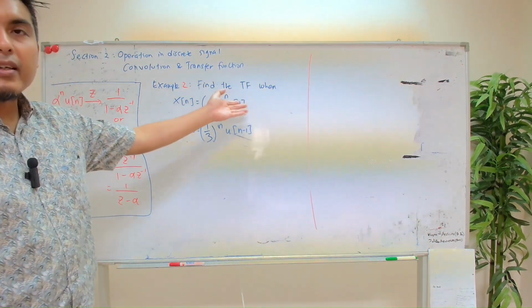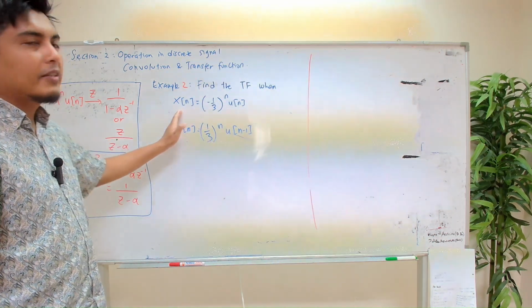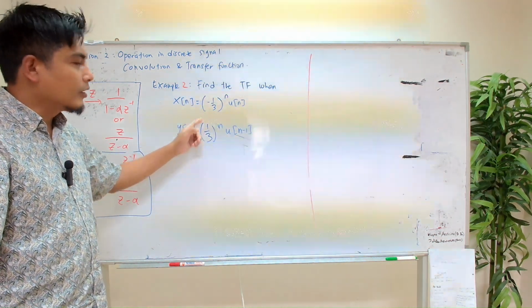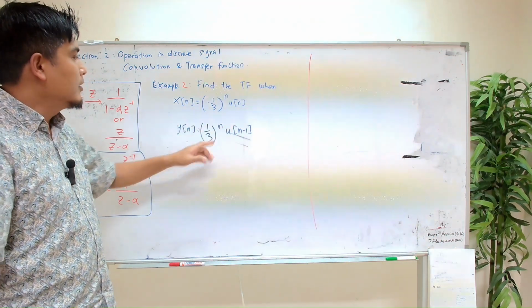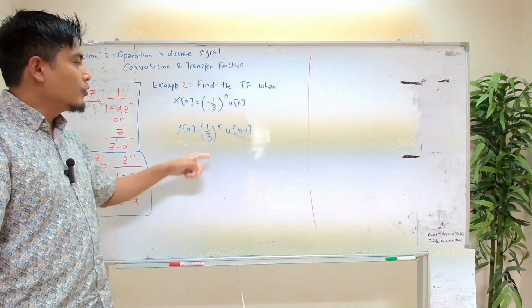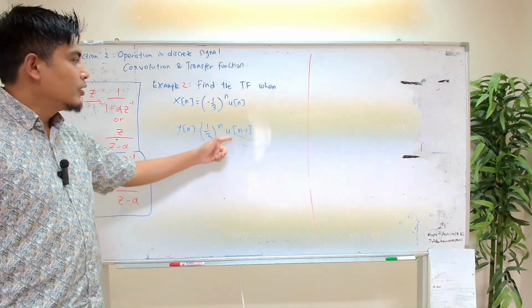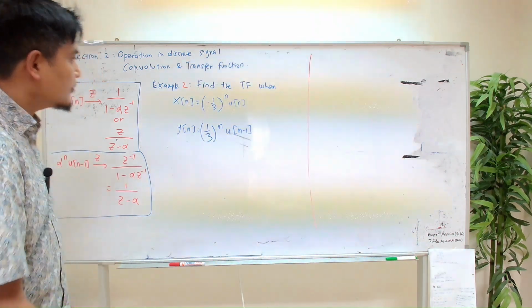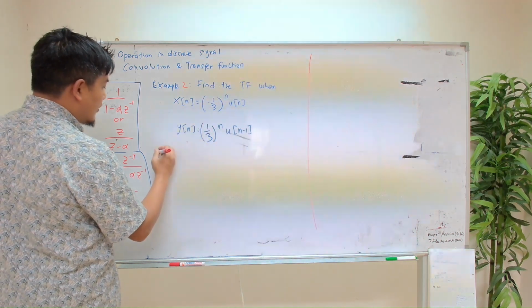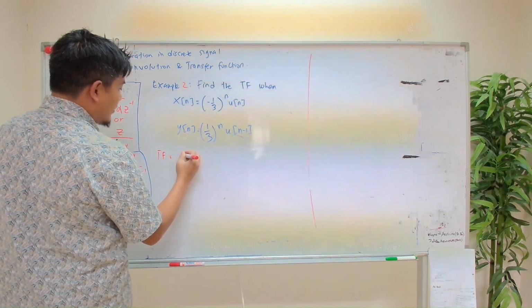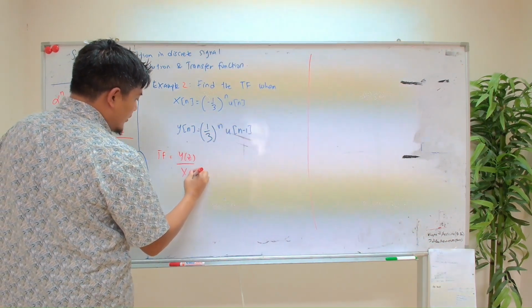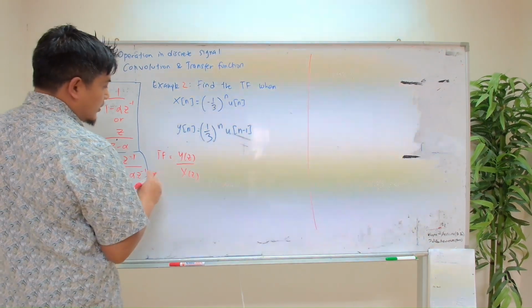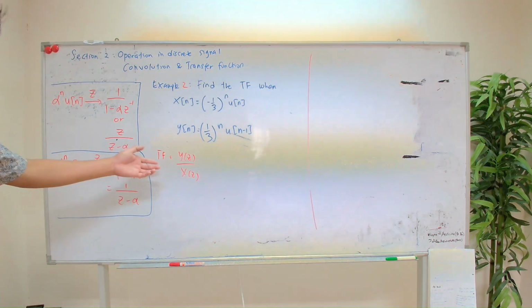The question is find the transfer function when x[n] equal to (negative 1 over 3) power of n u[n], and y[n] equal to (1 over 3) power of n u[n minus 1]. So the definition of the transfer function is output divided by input. This is the definition of the transfer function.